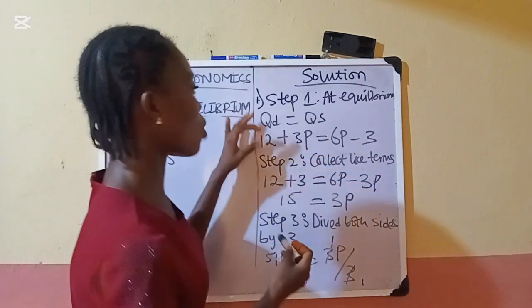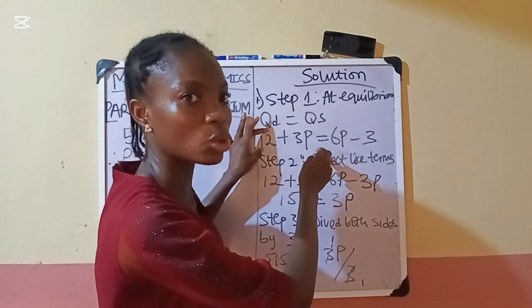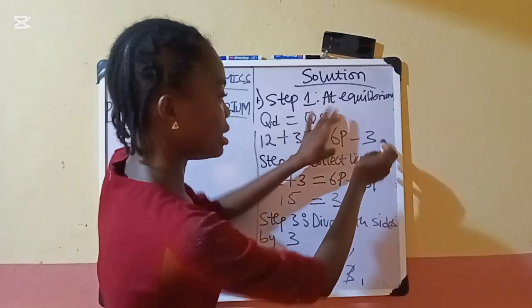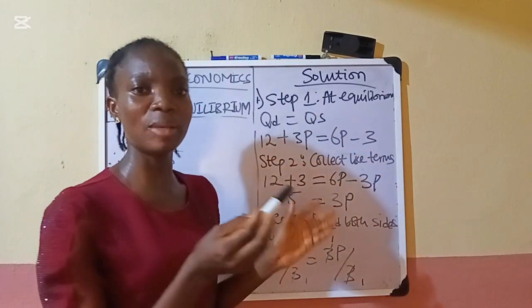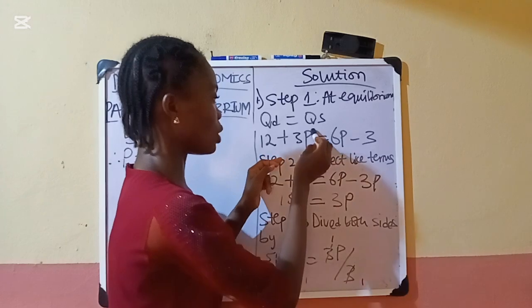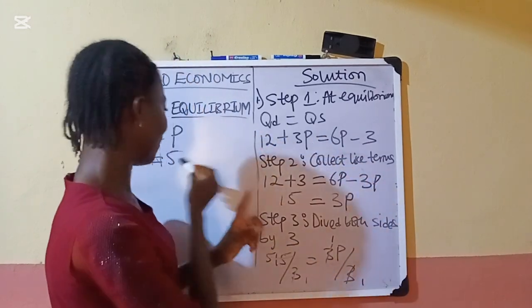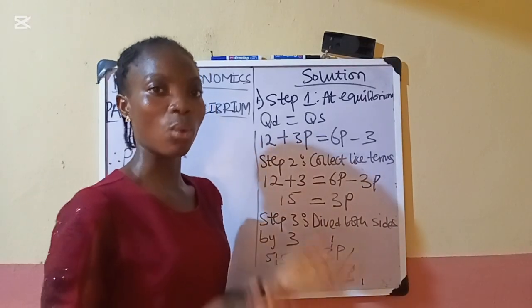If you decide to work with this, that is the quantity demanded function, your answer should be the same when you decide to work with this. Now, when you want to substitute, what it simply means is, in this equation, which is the demand equation, wherever you see P, you replace it with the value, which is 5. And that simply gives us our equilibrium quantity.